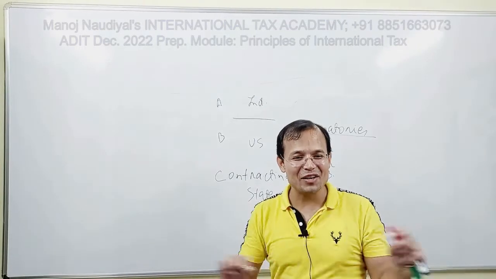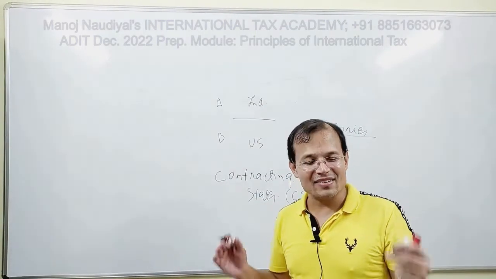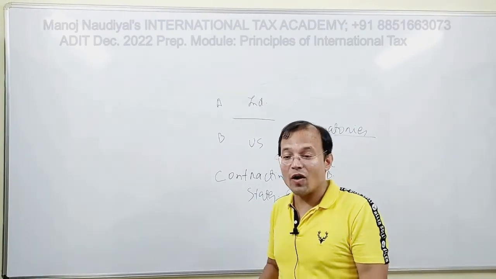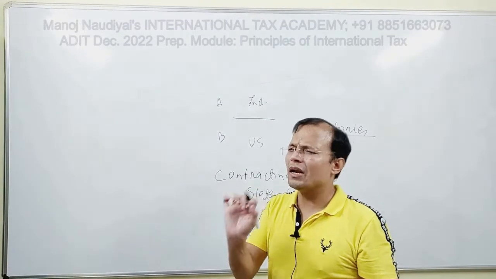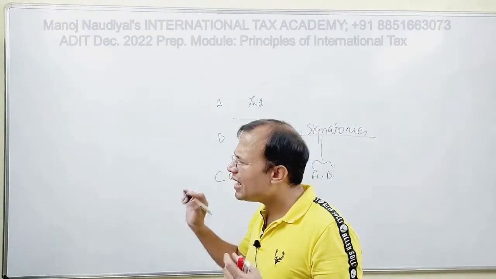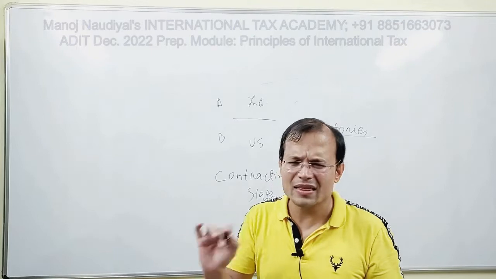All of you are completely wrong. Total number of tax treaties existing in the world as of now, I don't have the exact number, but I think it's more than 3,500.